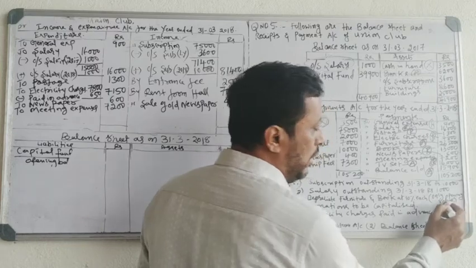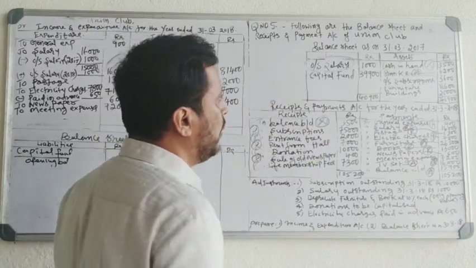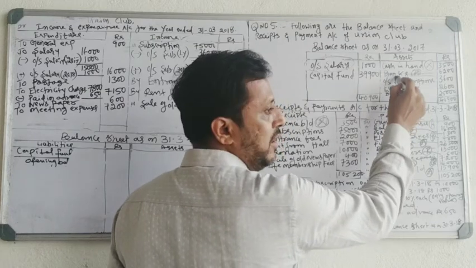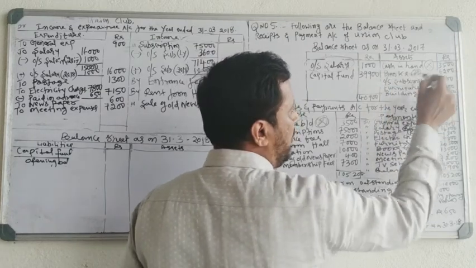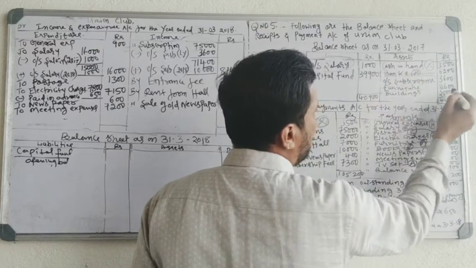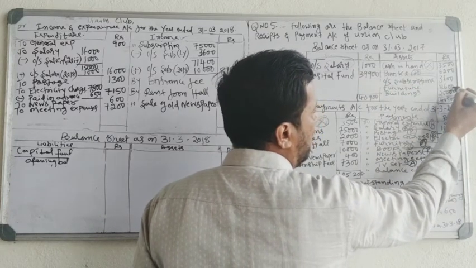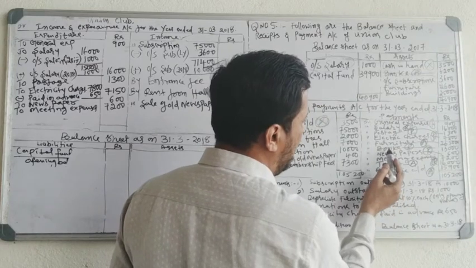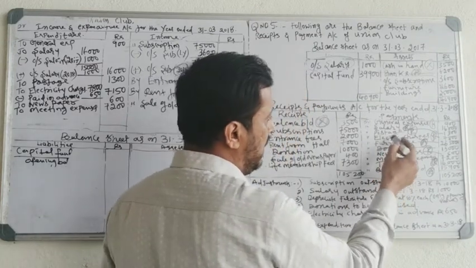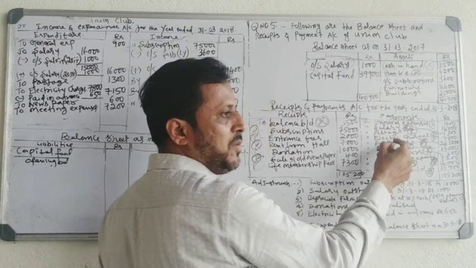Only opening value. See, there are two values. Books given in the balance sheet, this is opening value. Furniture given in the balance sheet, this is opening value. And again you have books given in the receipts and payments account, and you have furniture given in the receipts and payments account.